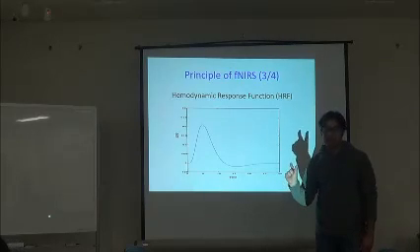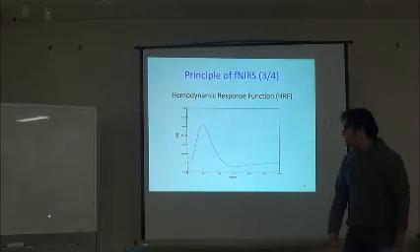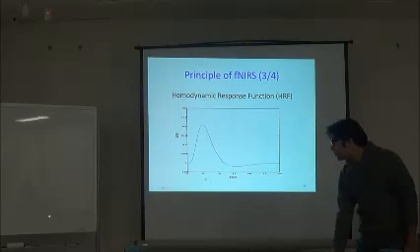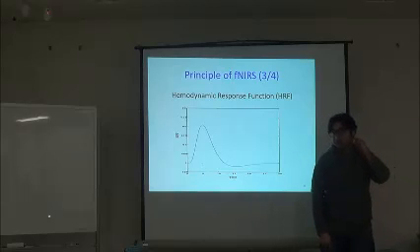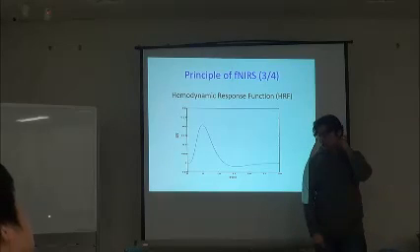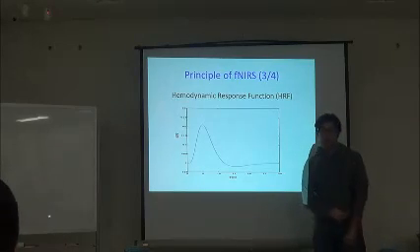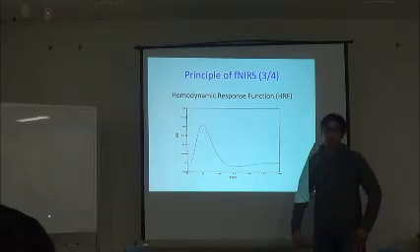So there is a 2 seconds of time delay, and it takes around 5 to 7 seconds to reach its peak value. So that's a huge delay. In case of brain-computer interface, we need to classify this signal.